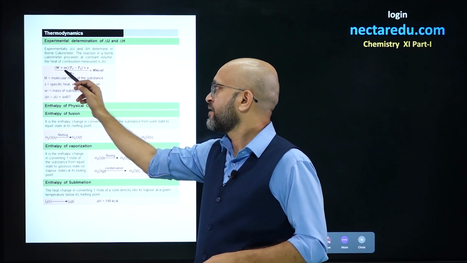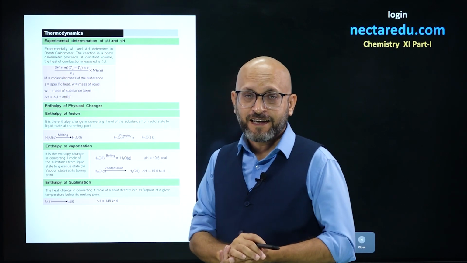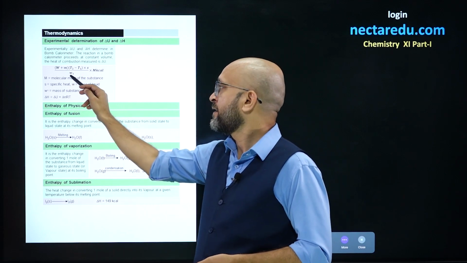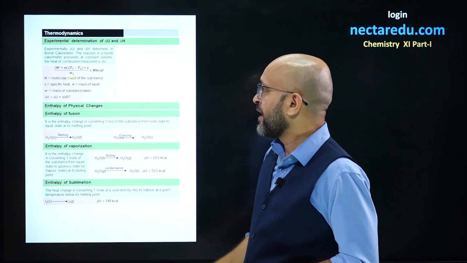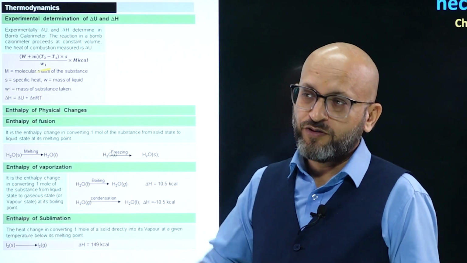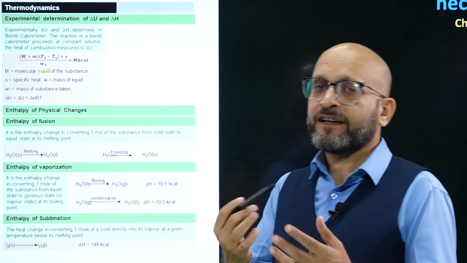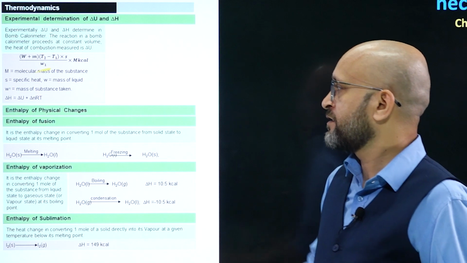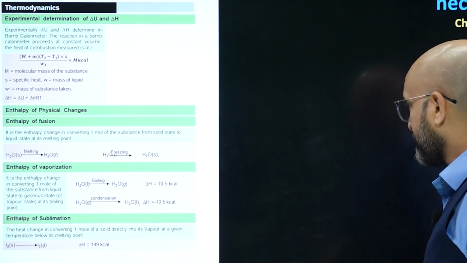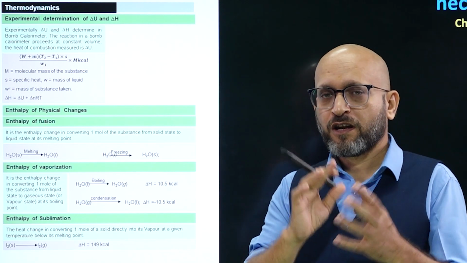So, m is the mass of solvent plus the mass of substance taken, into specific heat, into delta T, upon W1 by M, where W1 is the mass of substance taken and M is the molar mass. So, you have this formula for calculation of internal energy, and from that we can calculate enthalpy change using this conversion, alright. So, this is what the bomb calorimeter is all about.